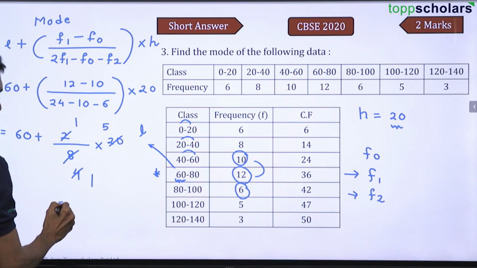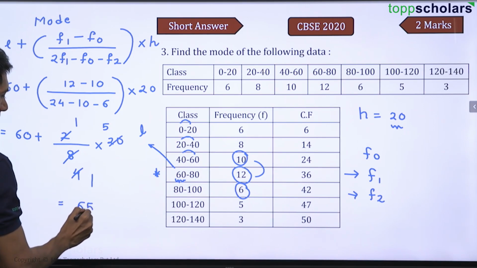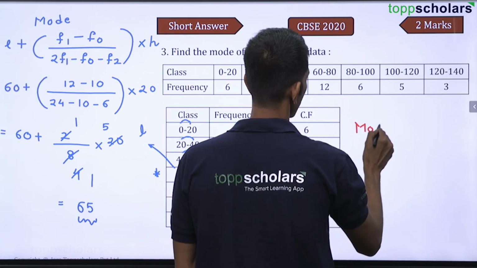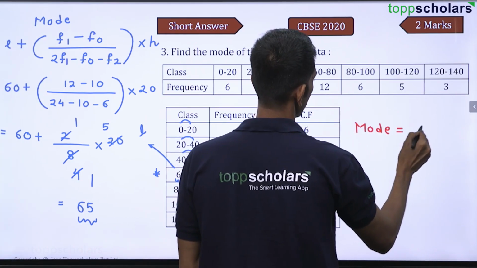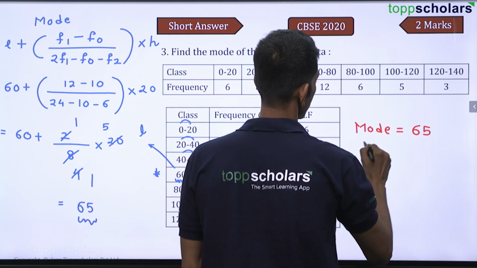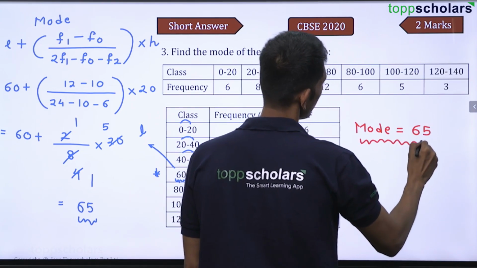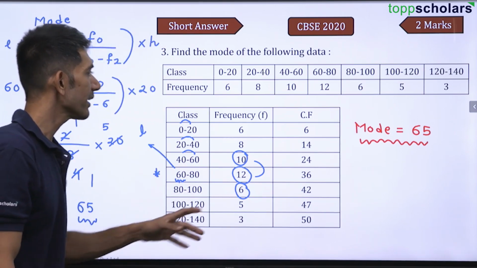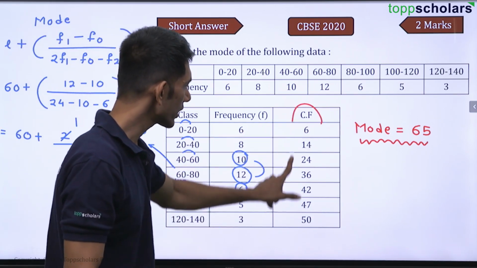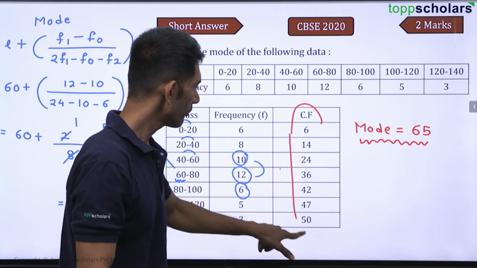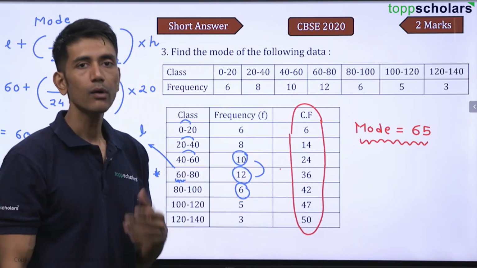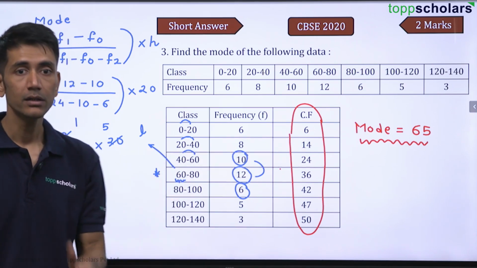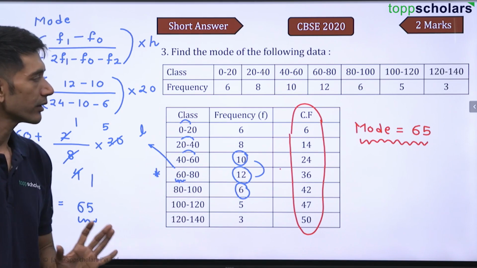So the answer that you get is 65. So what is the mode? The mode is 65. So I hope you have understood this question, right? And CF is not used here in mode, but I've just told you how to find out the CF, because later on whenever you find out the median, CF is going to be very, very important.